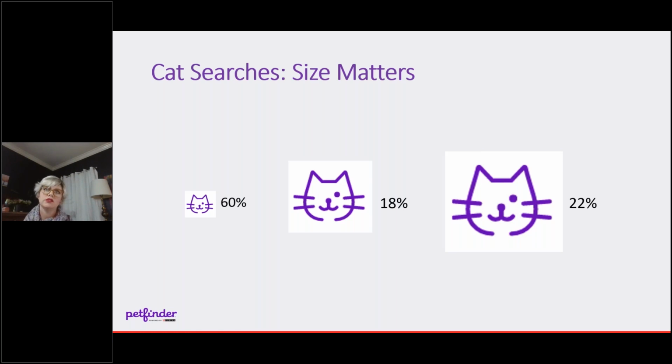I mean, Mike, you recently pulled out some consumer data that put more of a finer point on what I've shown here. What did you find with the large and extra large? Yeah, so it seemed like for cat searchers, you already touched on this, they care a little less about size, but of the ones that are searching for size, cat searchers seemed more open to wanting larger cats than dogs.